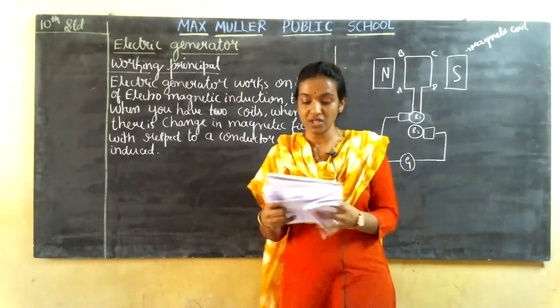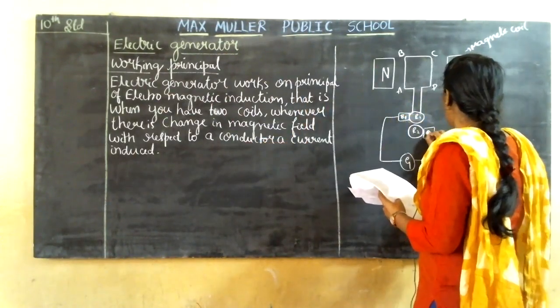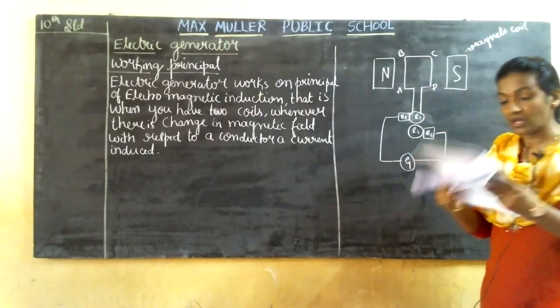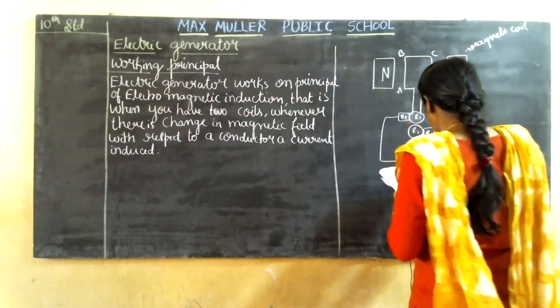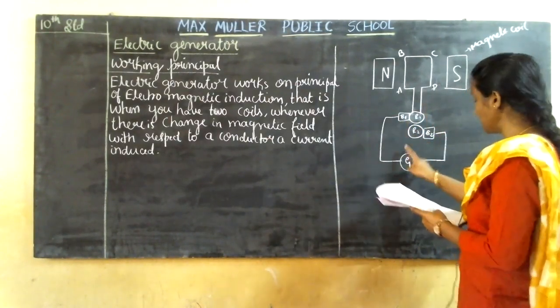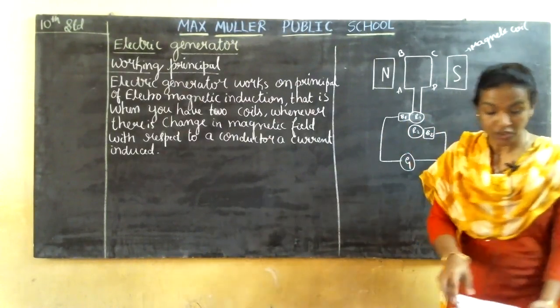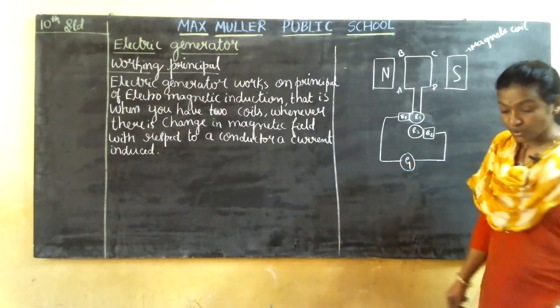Two conducting brushes, B1 and B2. I'm going to give them the names B1 and B2, kept separately, and the outer ring of these brushes is connected to the galvanometer to show the current.